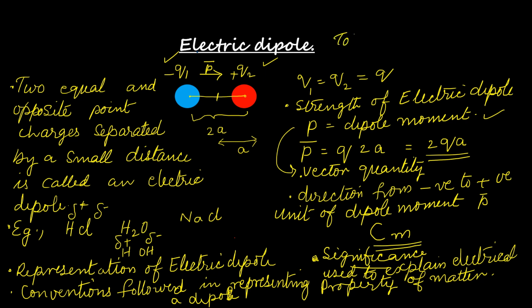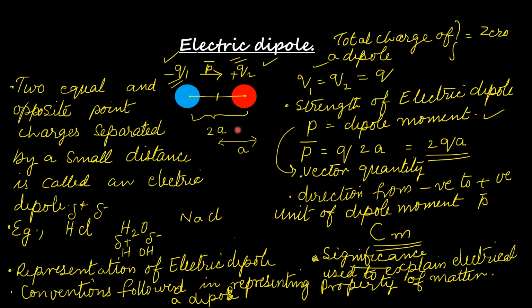Now we want to know the electric field of a dipole. We know the field is due to charge, but the total charge of the electric dipole is equal to 0. Why? You will be able to see that the positive Q and negative Q get cancelled. Though the net charge of the electric dipole is equal to 0, it has an electric field, and its value is different along different directions.